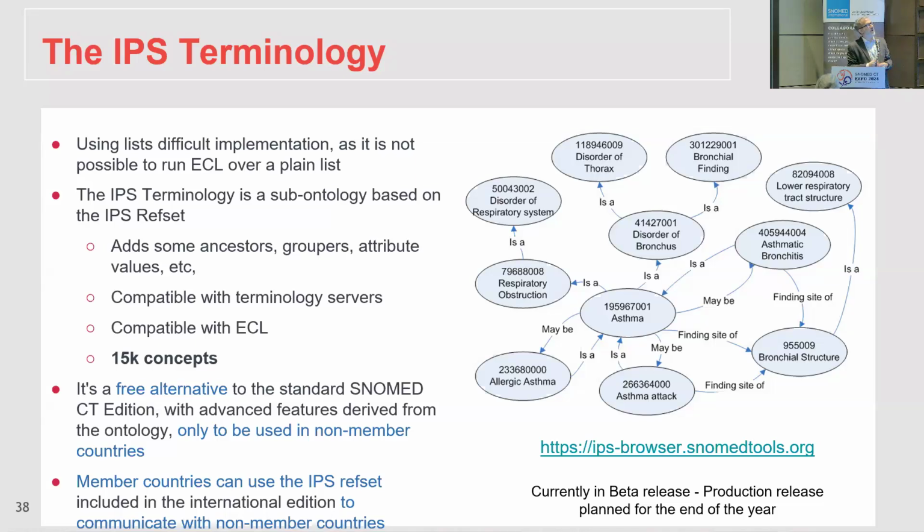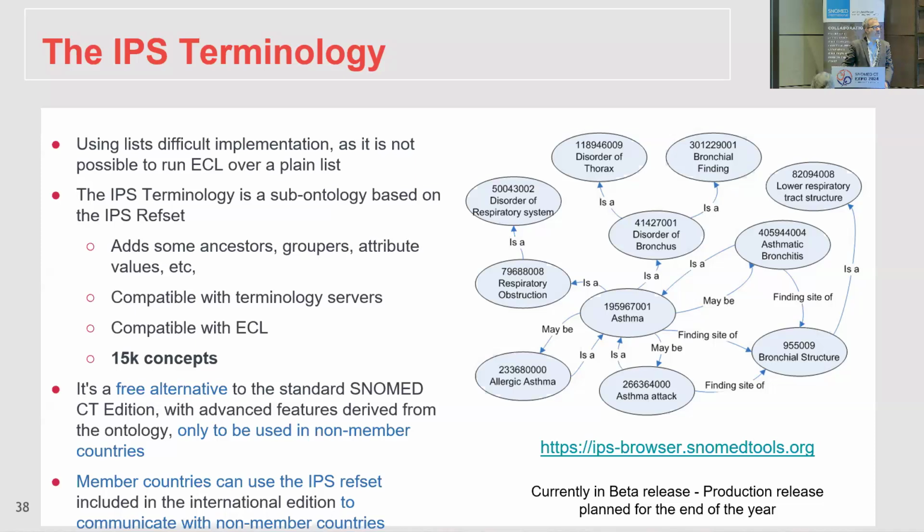And that's what created this IPS terminology that is based on the concepts included in that refset, but also, like Suzy described, all the parents. So it's a complete ontology, all the attributes and all the values and anything that is necessary to construct a small ontology that is applicable specifically to IPS.